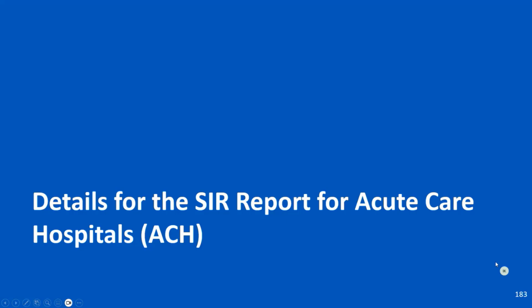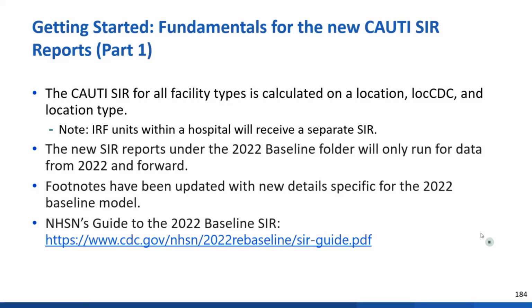All right, so now that we've covered the foundational information, let's take a closer look at the standardized infection ratio report, specifically for acute care hospitals. As you begin working with the new CAUTI SIR reports, there are a few important fundamentals to understand about how these reports are calculated and used.